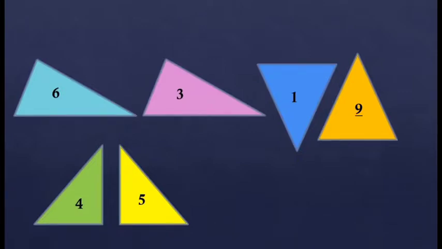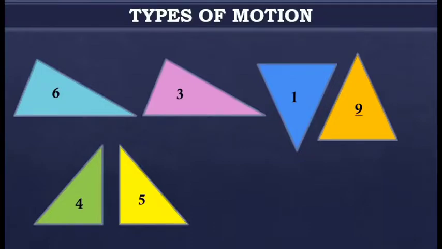These can help us determine that the triangles are congruent. So, what are the types of motion? This one is by translation, this one is by reflection, and this one is by rotation.